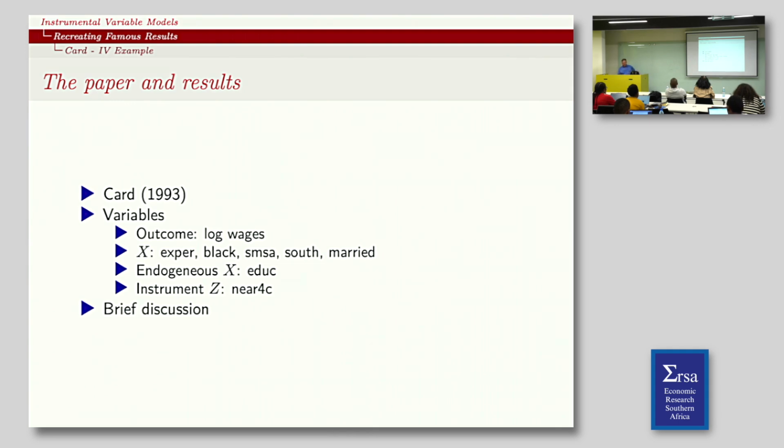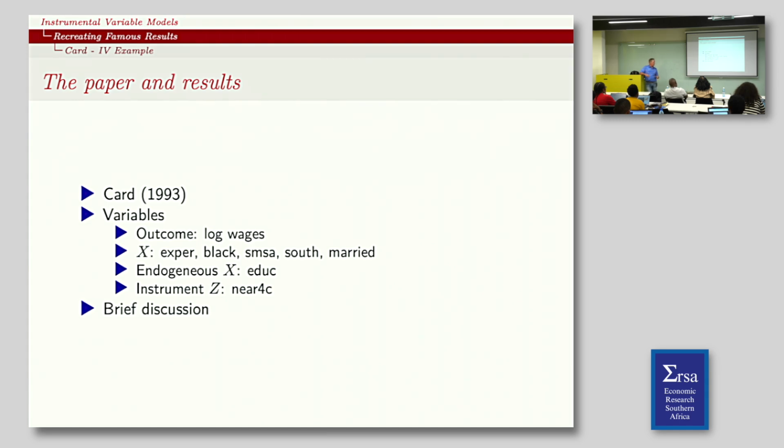And so he suggests a couple of instruments. They're both basically about location. Do you live close to 4-year or 2-year universities? So we've got some measure of how far away they are from institutions, or how many institutions are within a certain space from them.